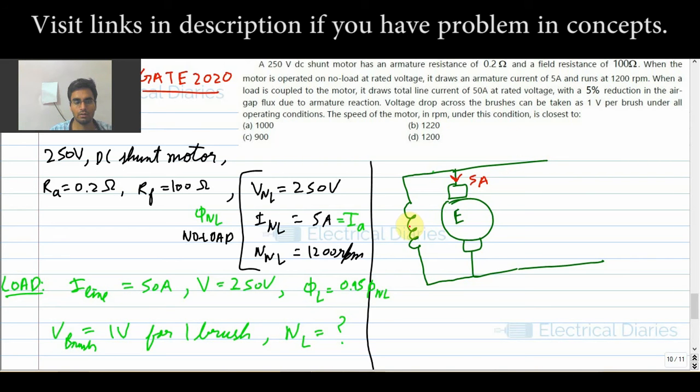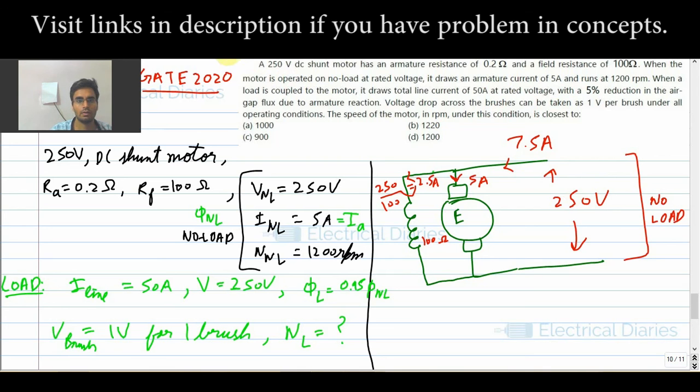Your voltage applied is 250 volts, and RSH, field resistance, I know as 100 ohms. So I can calculate the current in the field. It will be 250 by 100, that is equal to 2.5 amps. So it is taking line current of 5 plus 2.5, that is 7.5 amps. So this is the case for no load.